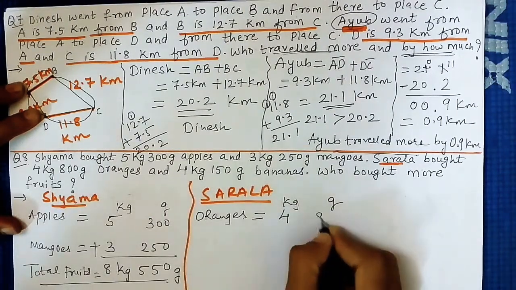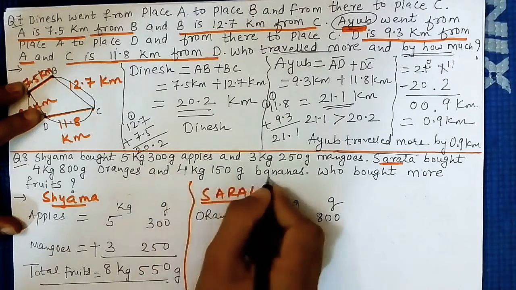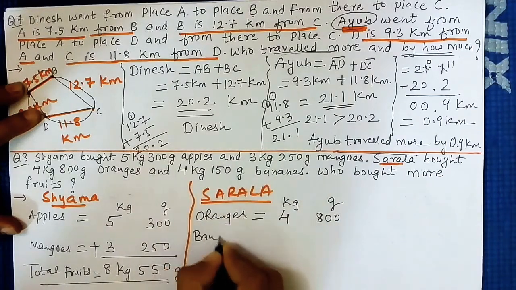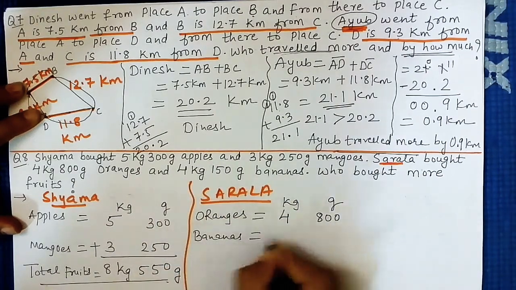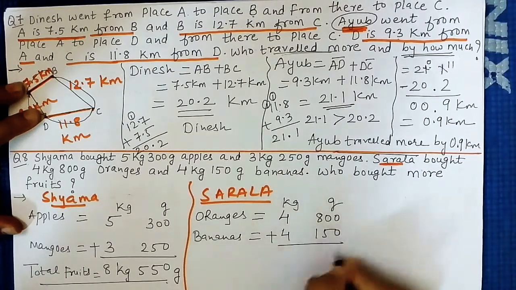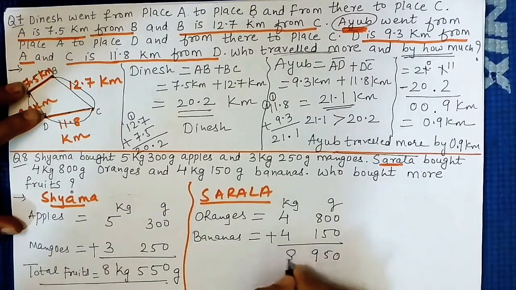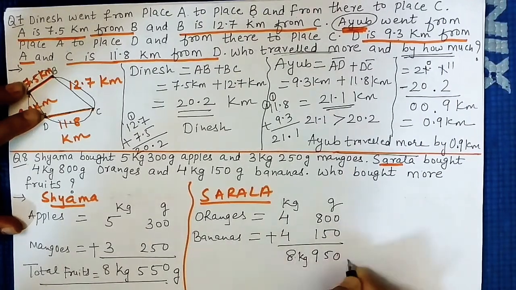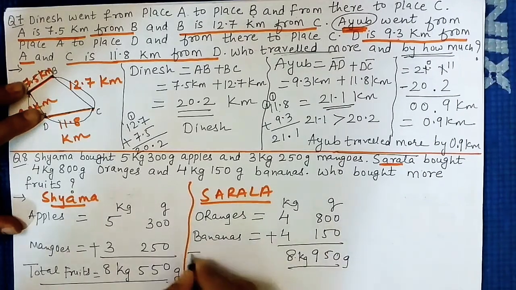Here 4 kg, here 800 gram. Then she has brought bananas and bananas are again 4 kg 150 gram. Now we will add up. So 0 and 0, 5 is 5, 8 plus 1 is 9, and 4 and 4 is 8. So 8 kg 950 gram. This is the total weight of fruits bought by Sarla.